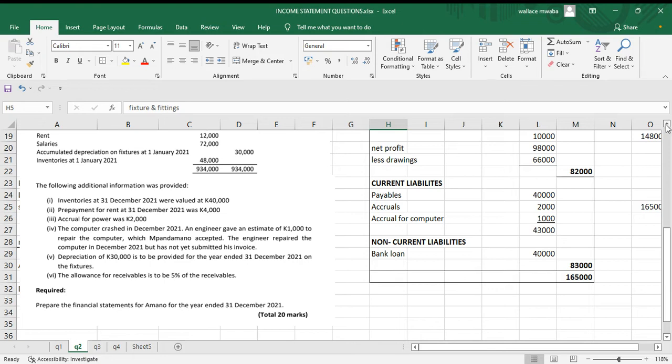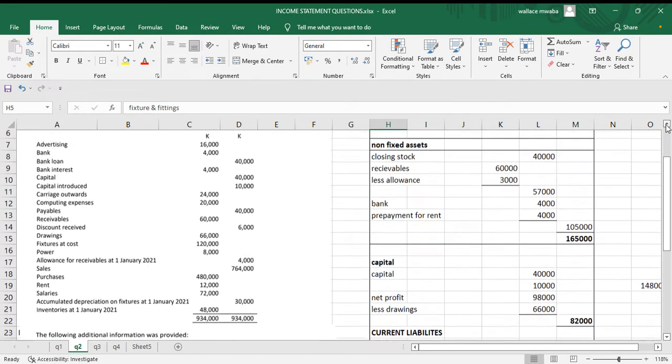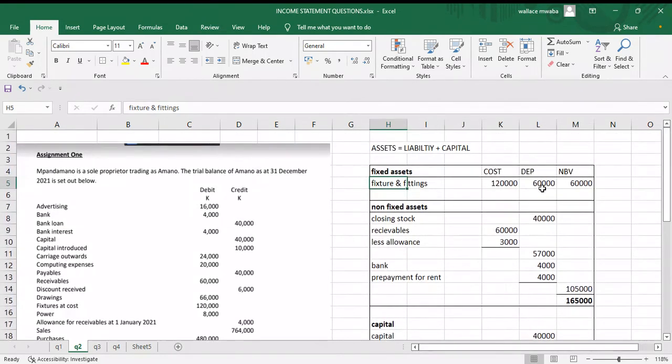So 30,000 plus 30,000, we get 60,000. So this is our accumulated depreciation, 60,000. You can also put a bracket and put 30,000 plus 30,000 to show your workings for the depreciation.